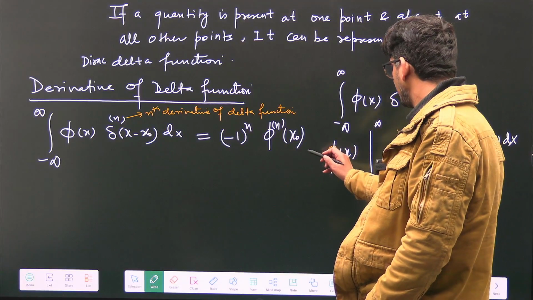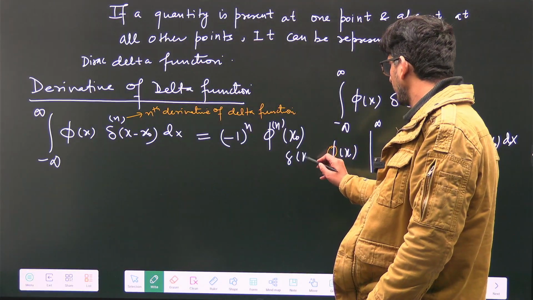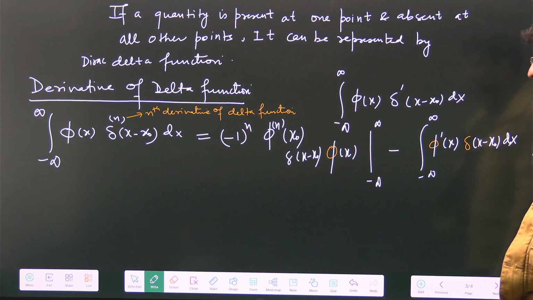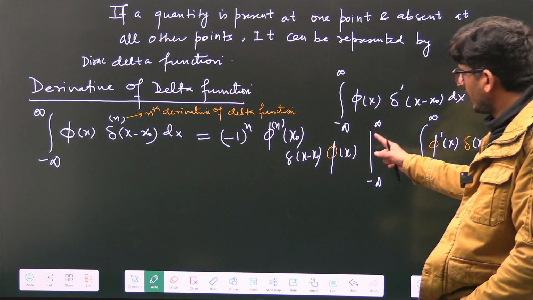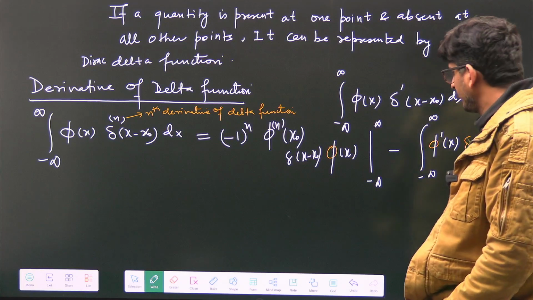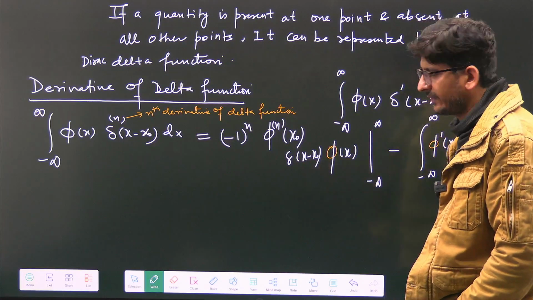यहाँ पे delta x minus x naught. Now put the limit. If you put upper limit, then the delta function will become 0. If you put lower limit, then also delta function will become 0.